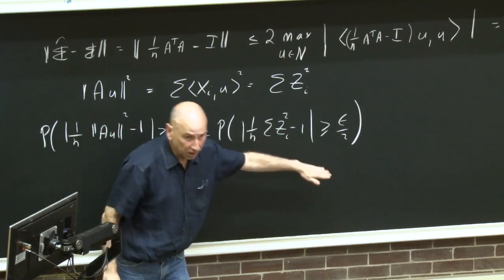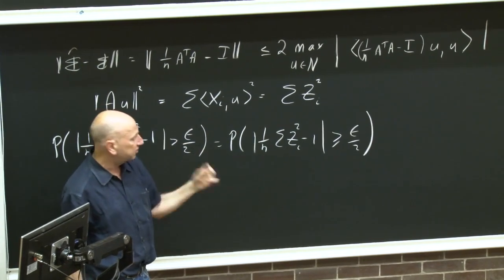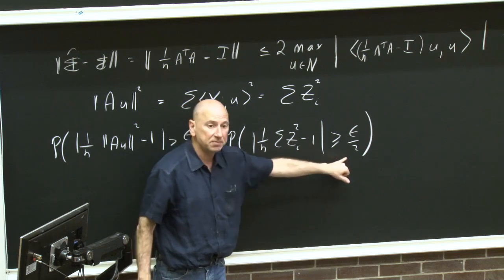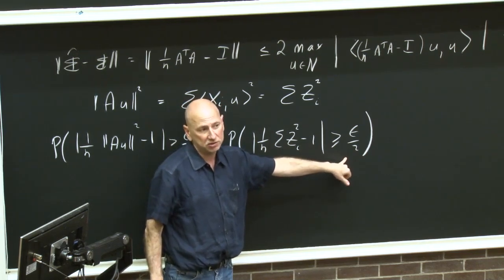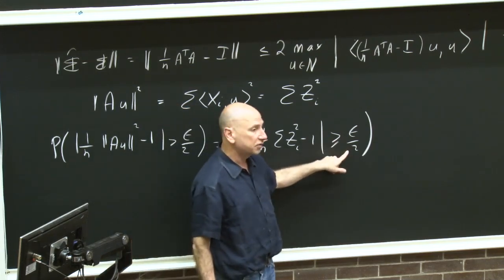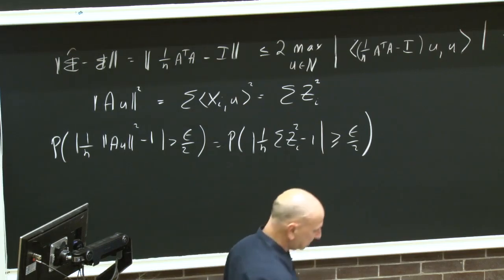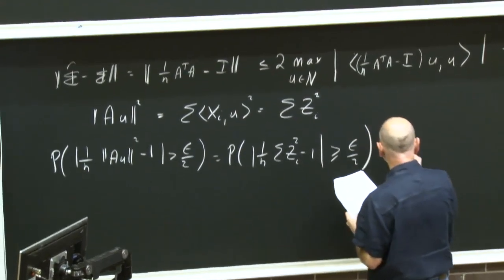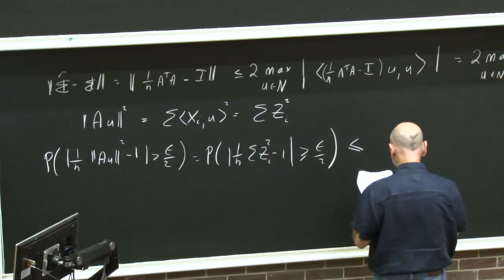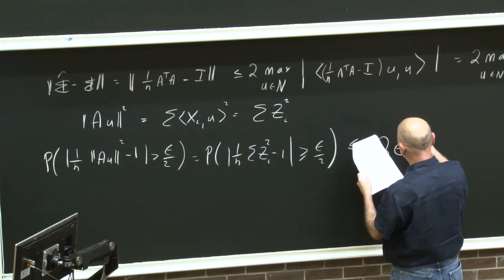You can do this on 2 sides: do it on the right side, left side, and multiply the answer by 2. And to do any of these, what do I do? I take e to the t of this is bigger than e to the t of this. I'm not going to go through it because it's the usual thing. And it's less than or equal to e to the t epsilon over 2 times the moment generating function, which is exponential by assumption. That's the sub-Gaussian assumption. So you end up with, I'll just put some constants in here.